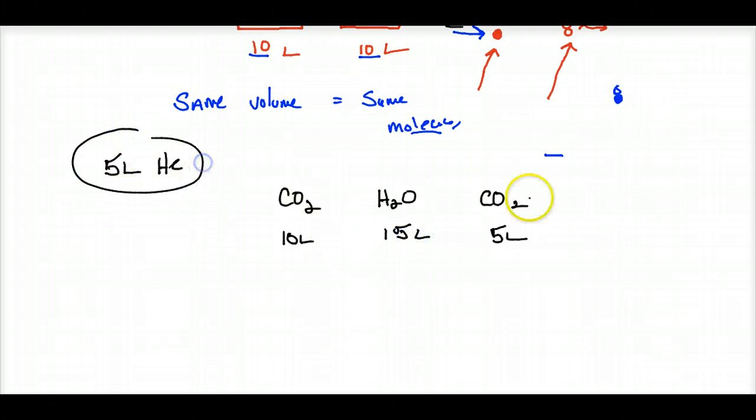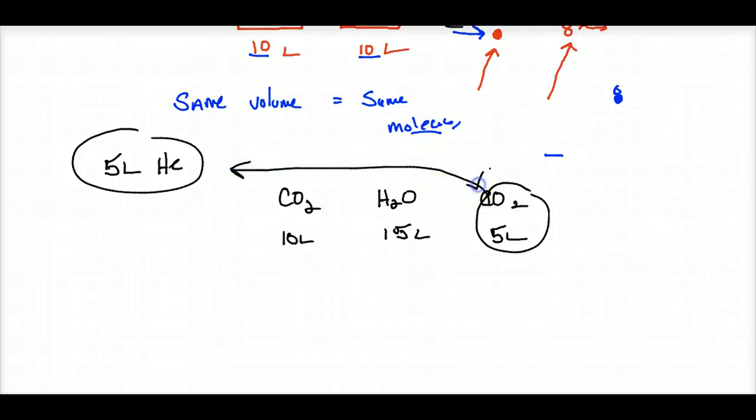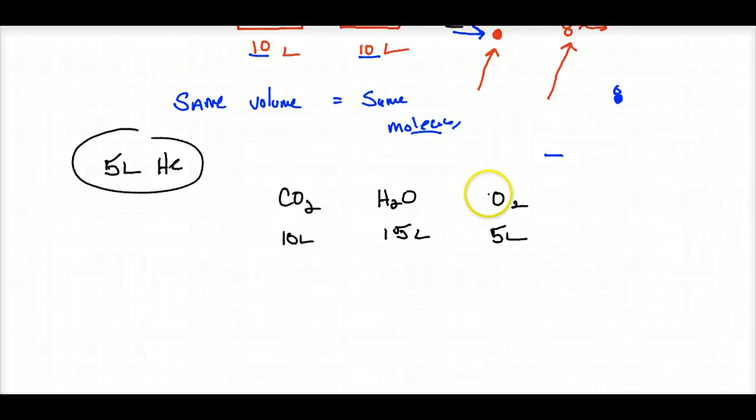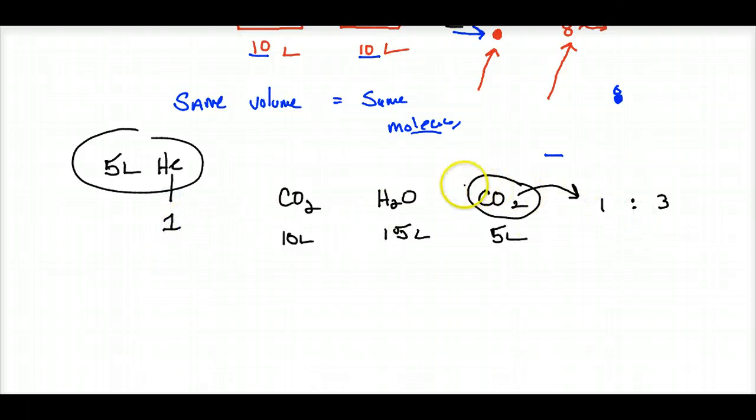Obviously, same volume, same temperature and pressure, same number of molecules, but the atoms will not be the same, because if you look carefully, in one of these particles there is 3 atoms. In one of these there's only 1. So this actually has 3 times the amount of atoms in the same volume as this one.